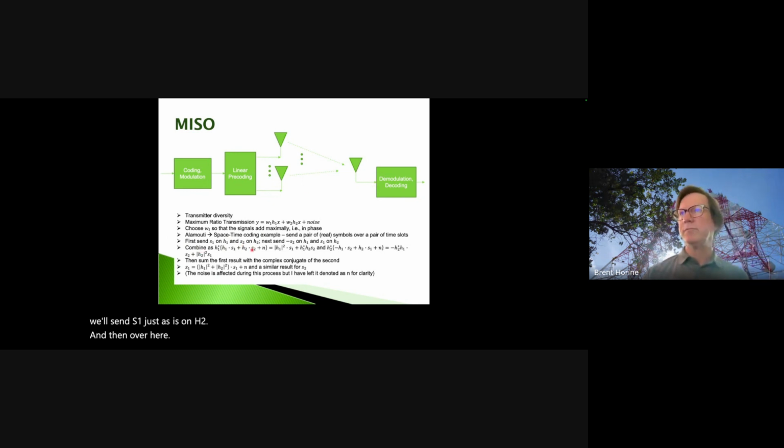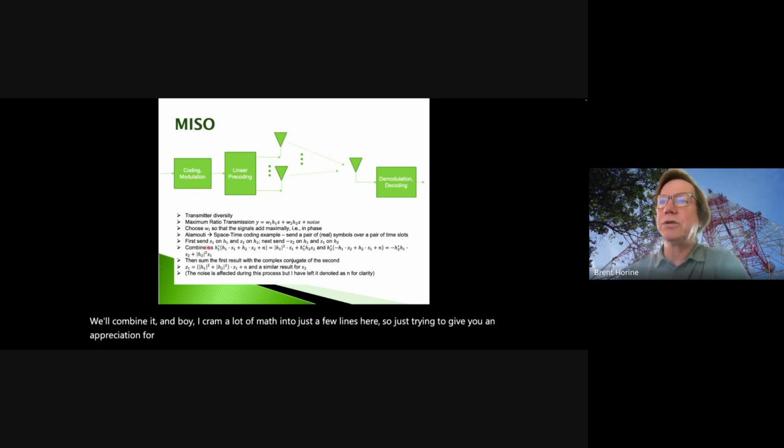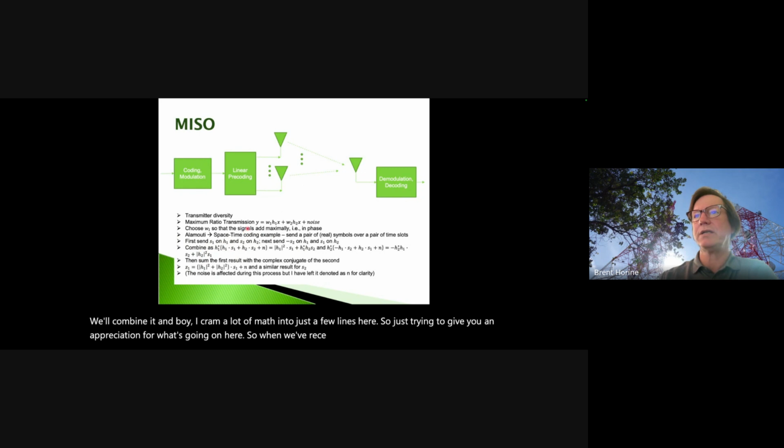we'll combine it. And boy, I cram a lot of math into just a few lines here. So, just trying to give you an appreciation for what's going on here. So, when we've received these signals in the first time slot, we're going to have S1 times that channel gain and S2 times that channel gain plus some noise, right?